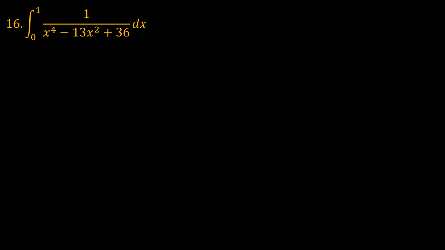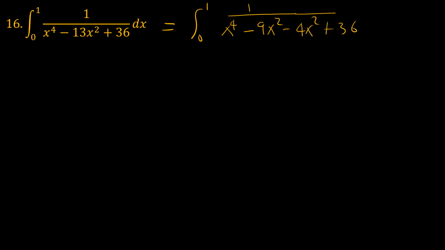So this is the same as the integral from 0 to 1 of 1 over, let's factorize that, x to the power 4 minus 9x squared minus 4x squared plus 36, dx.